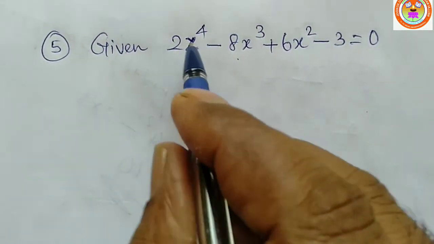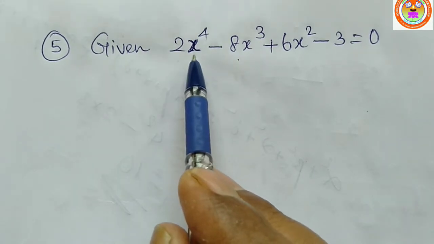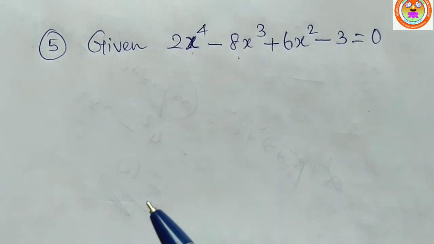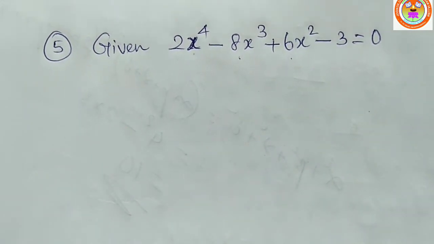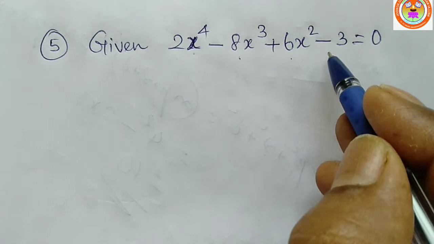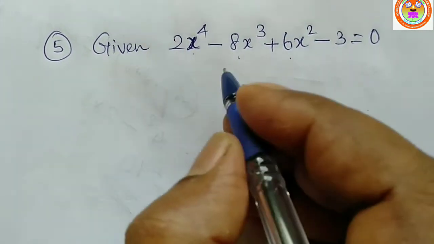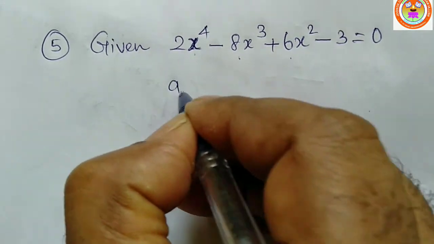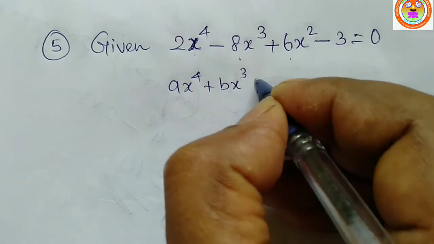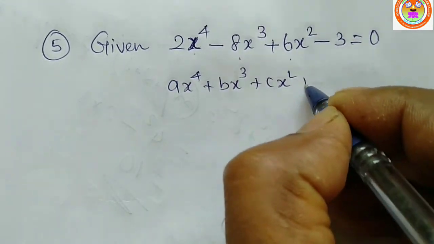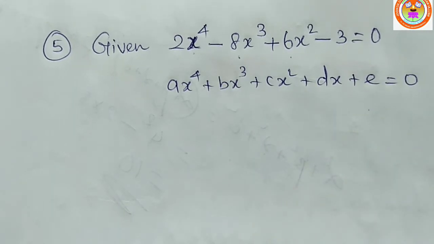So here, see this equation, 2x raised to 4 minus 8x cube plus 6x square minus 3 is equal to 0. So one x term is missing. Actually, 4th degree equation means it is like that: ax raised to 4 plus bx cube plus cx square plus dx plus e equal to 0.